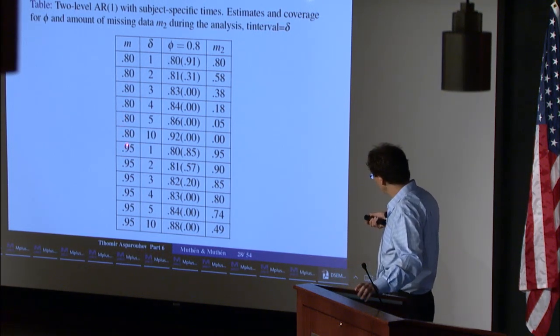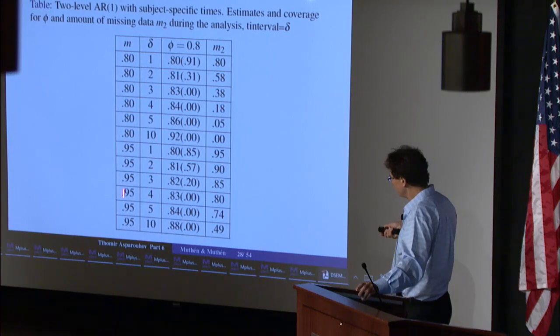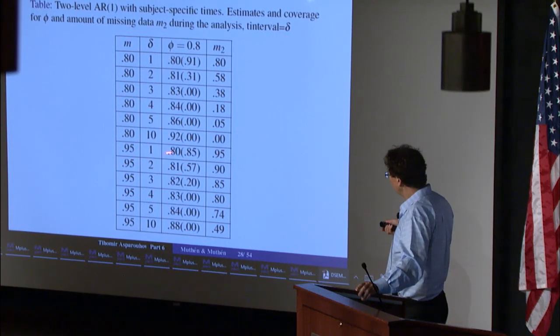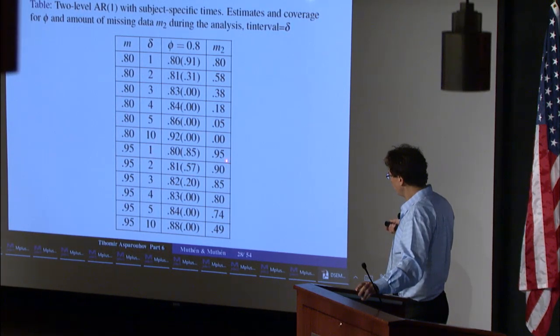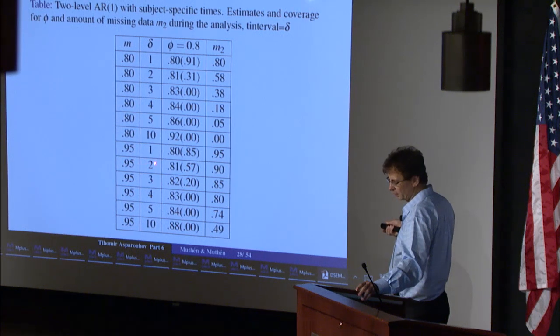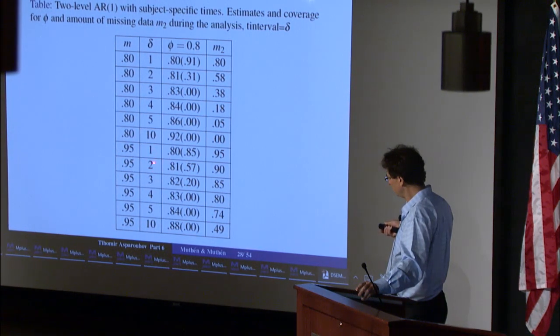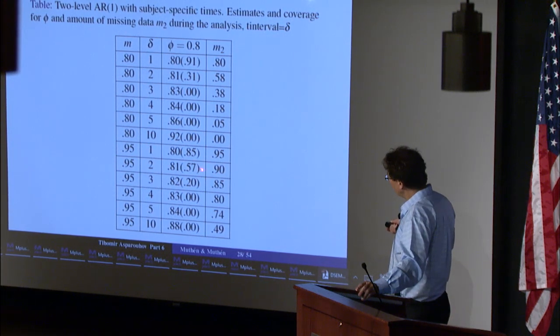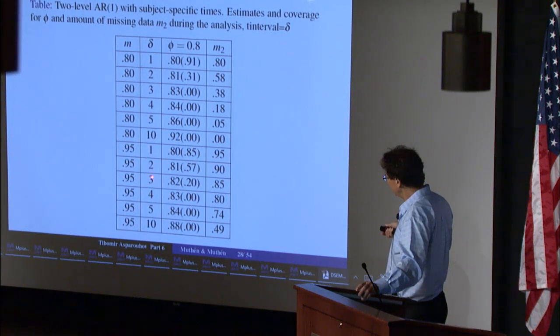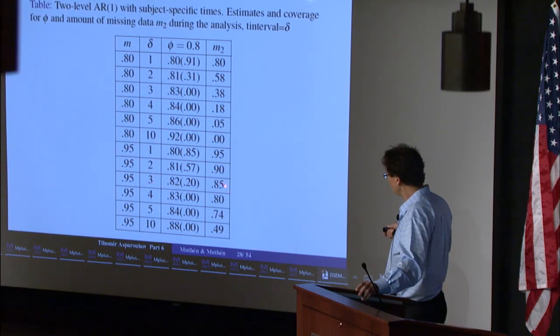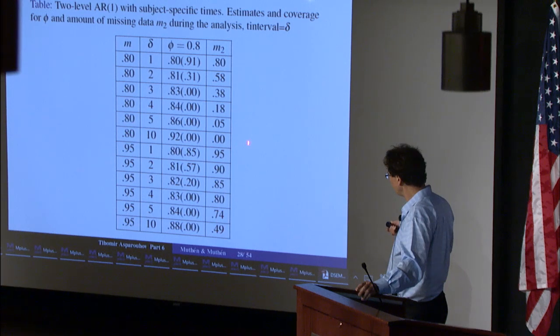And so the missing data from the data generation is 95%. If I use delta equals 1, which is the true delta, I get, again, of course, 95% missing data. If I choose a cruder time interval, which will be twice what the original was, then I get less missing data. And as I increase the more crude the time scale is, I get less and less missing data.